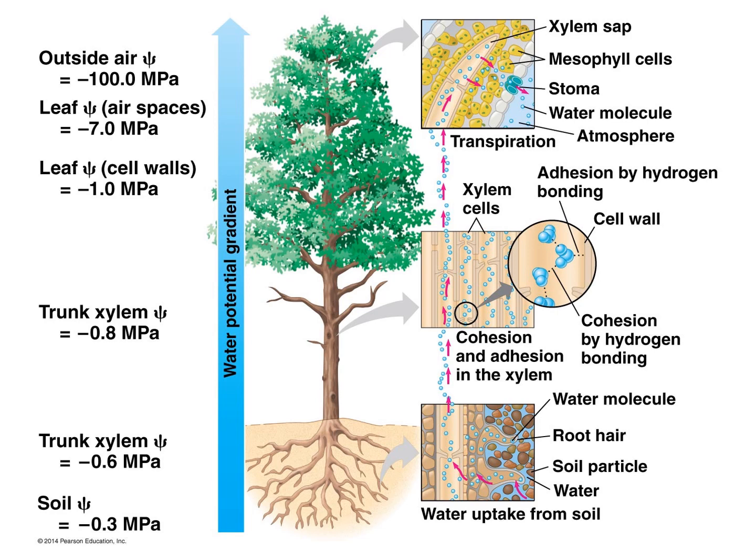And we see that in the soil, the water potential is minus 0.3 megapascals, and the water potential in the air is minus 100 megapascals. So all along the length of the plant stem, there is a gradient that favors water moving up from the higher water potential in the soil to the lower water potential in the air.